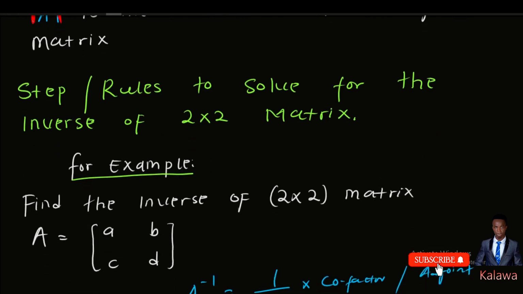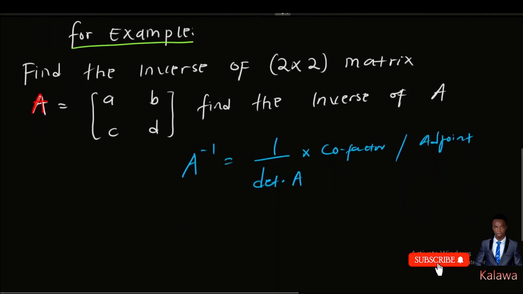So for example, let's say we are given the matrix A. This is the matrix A and the elements are given, which are A, B, C, and D. And then they ask us to find the inverse of A. So if we are given a short question and we are asked to find the inverse, remember the formula is saying the inverse of A must equal 1 divided by the determinant of A multiplied by the cofactor or the adjoint.